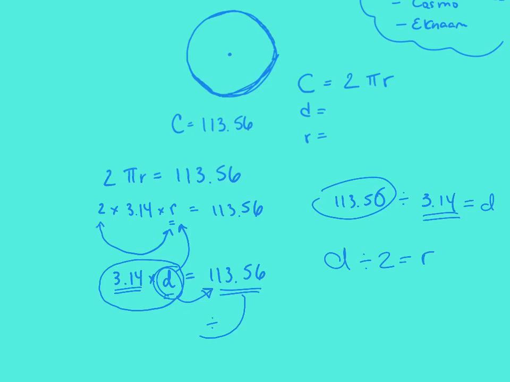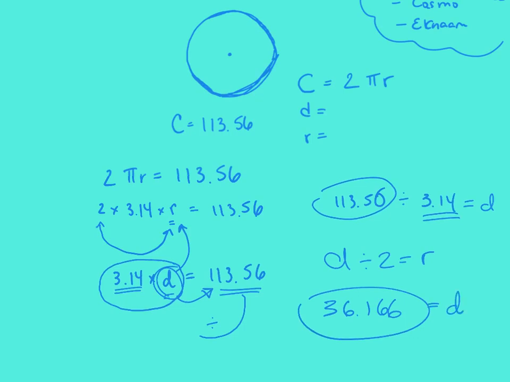Okay? So I don't know if that made sense right away, but if you take 113.56 and divide that by 3.14, that's going to give you 36.166, and that's your diameter.